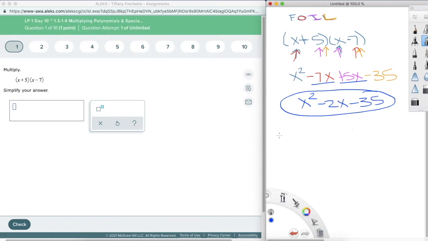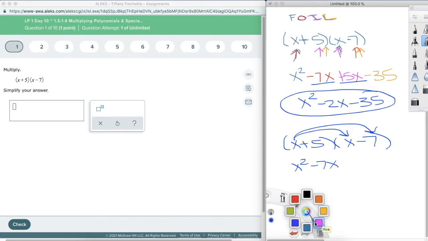There is more than one way to do this. I have also done this where I use distribution. I focus on this x first, and I go x times x, and I get x squared. x times -7, and I get -7x. You notice it's still working out exactly the same. Then I go to the next one, 5 times x, and I get plus 5x. 5 times -7, and I get -35.